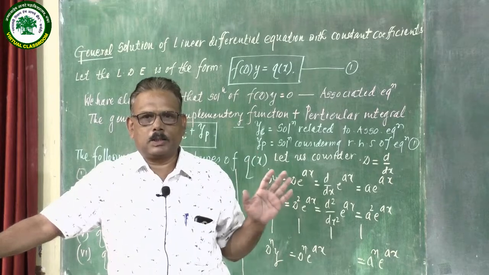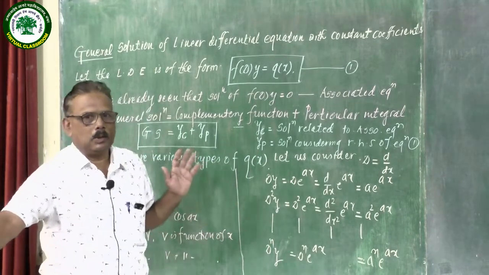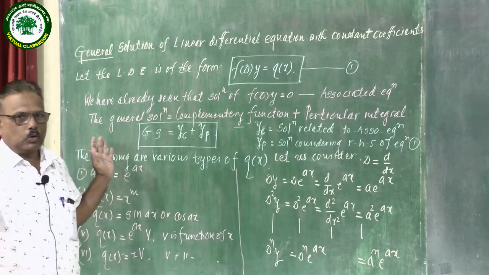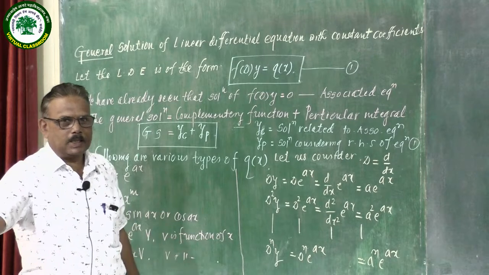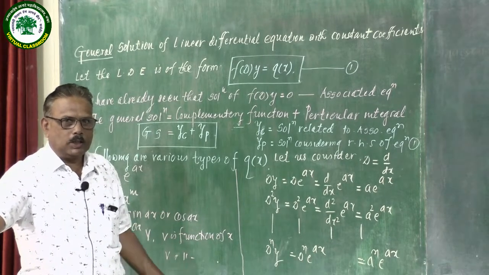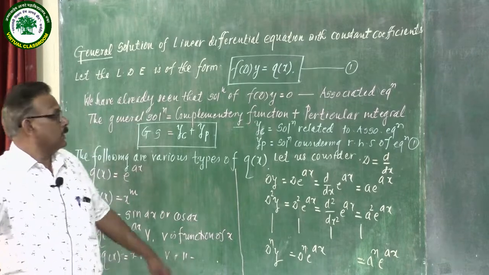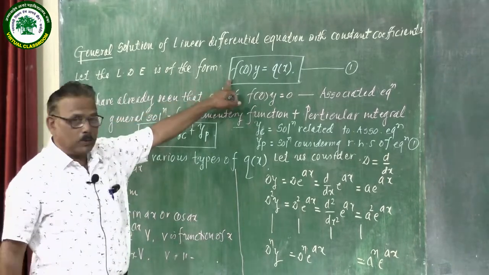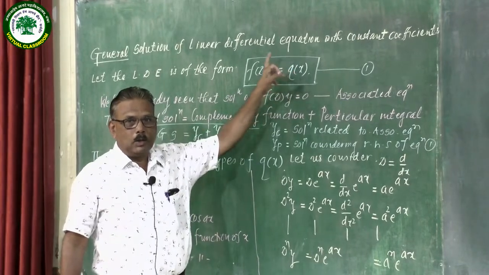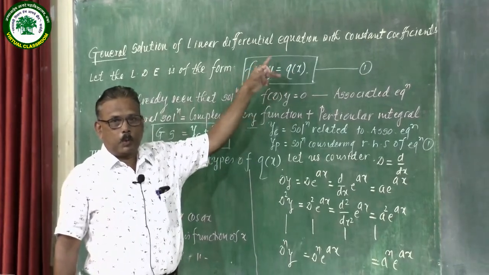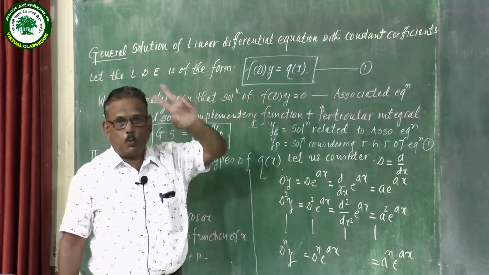Now we are studying the solution of a linear differential equation whose right hand side exists, that means a non-homogeneous linear differential equation with constant coefficients. Here we have written the equation f(D)y is equal to Q(x). Q(x) is very important for finding the solution of this differential equation. The solution has two parts.